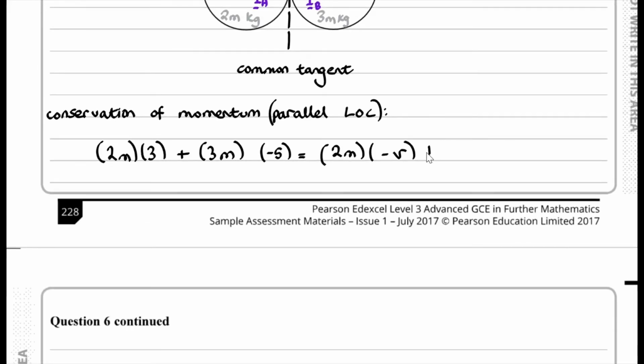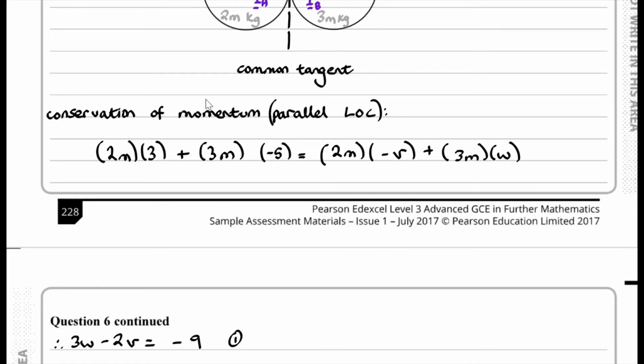And then we've also got 3m multiplied by w. So you've got this bit over here, which is the bit before, and this is the bit afterwards, and therefore you can see that 3w minus 2v is equal to minus 9. That's if you simplify all this. We'll call this equation 1.